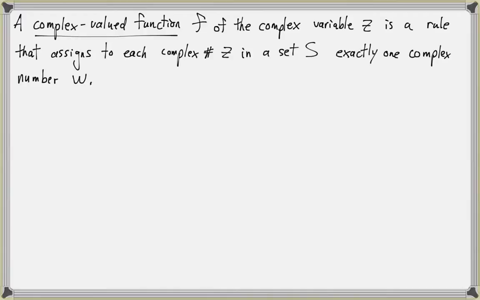So we see this definition is very similar to one you might have seen when you studied real valued functions. So we write w equals f of z, and we call w the image of z.